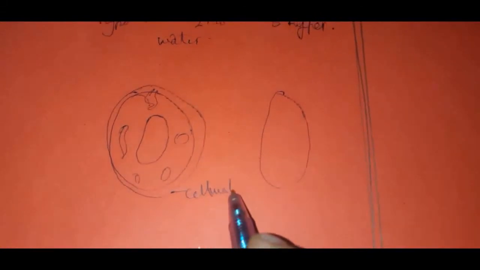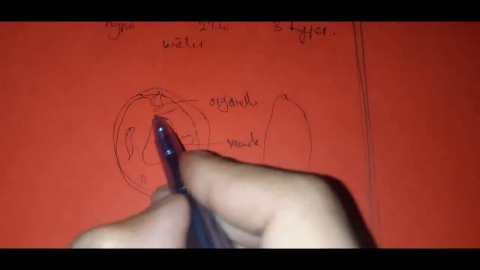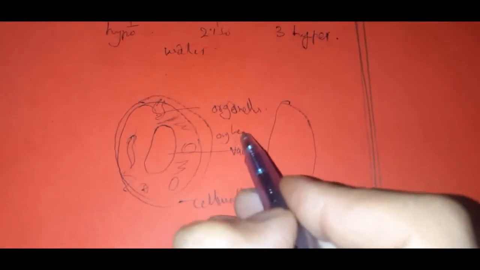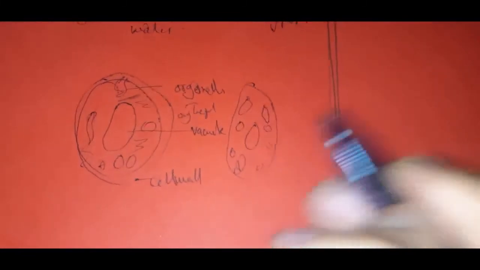This is the cell wall, its vacuole, they are different organelles, right? And this is your cytoplasm. And over here there are small vacuoles, a nucleus and other organelles, okay?